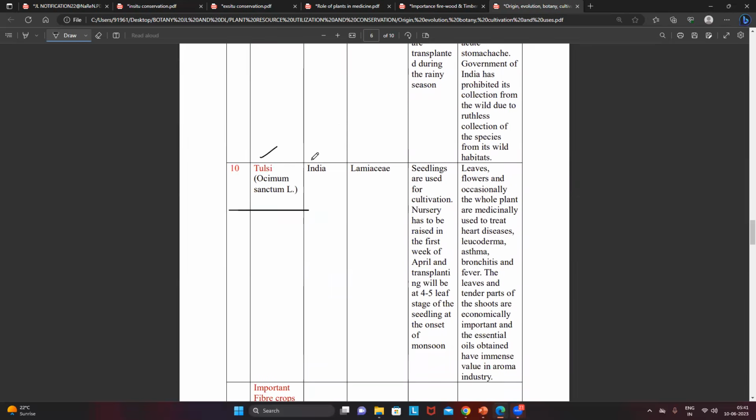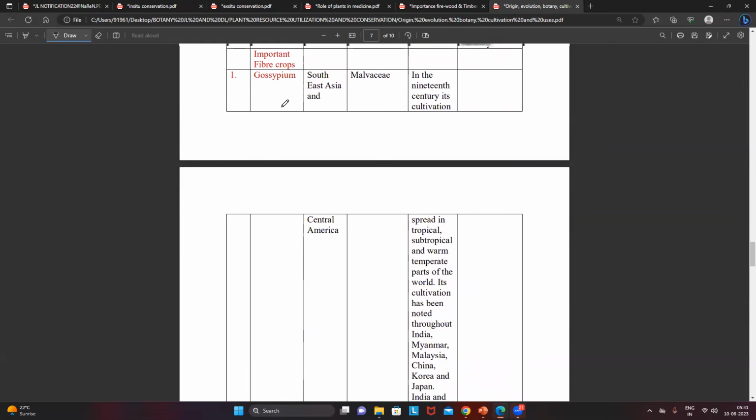First, name of the plant, which country, family. If you can read the cultivation, read the cultivation. There is no great importance of the cultivation, but they may ask a question. But most important is uses. Uses is more important among all. And never ever forget the scientific name.